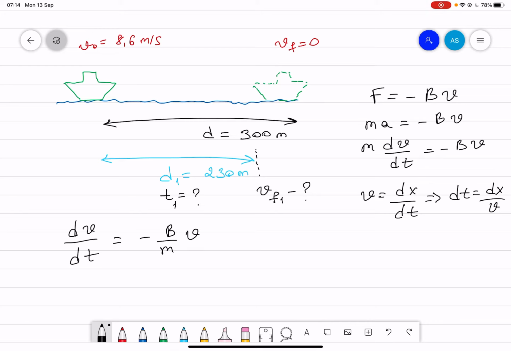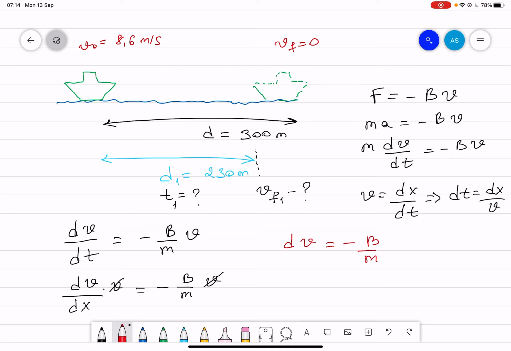Then dt was equal to dx over v, right? So we can say that dv divided by dt is equal to dv times v over dx, which is equal to minus b over m times v. So v cancels out, and we end up with dv over dx is equal to negative b over m.